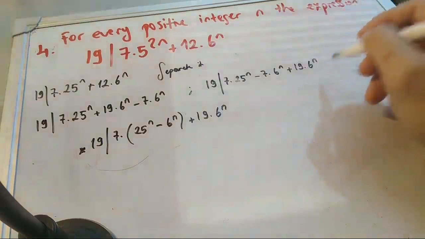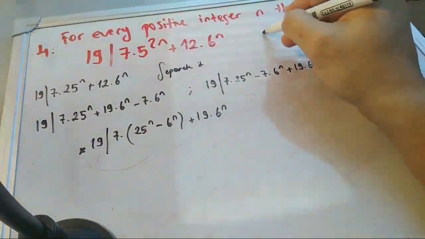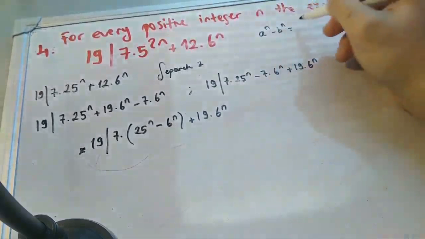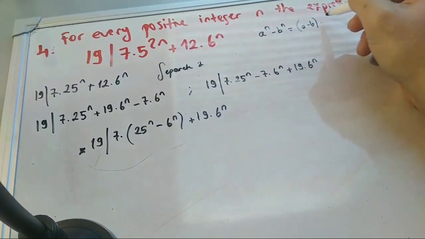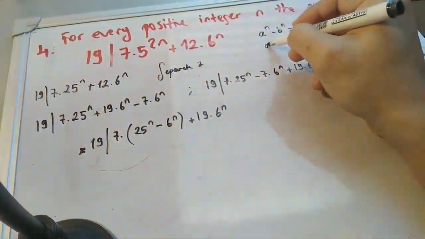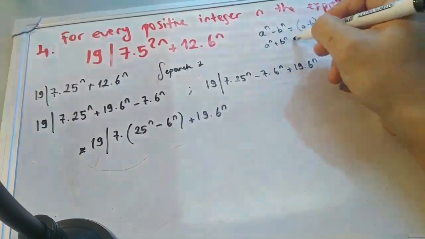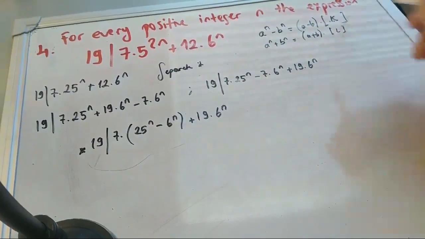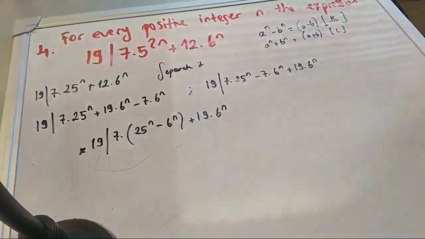And remember, a to the power of n minus b to the power of n, what is it? A minus b times, let's say, k, right? And a to the power of n plus b to the power of n is a plus b times, let's say, l. We will do the same thing.